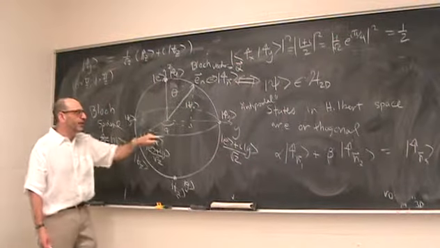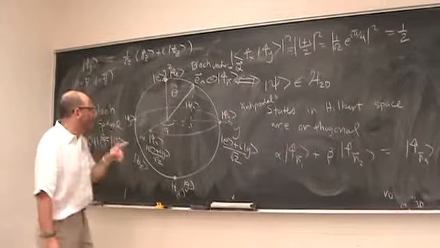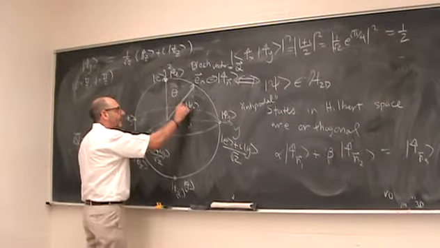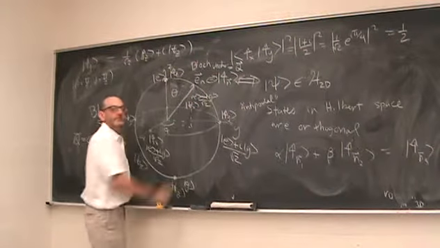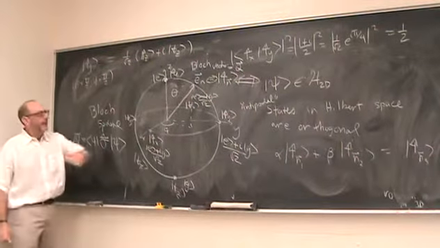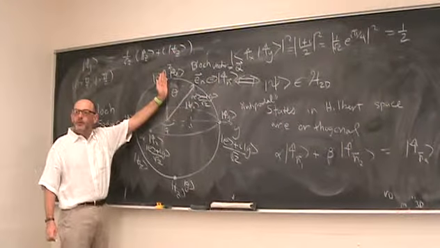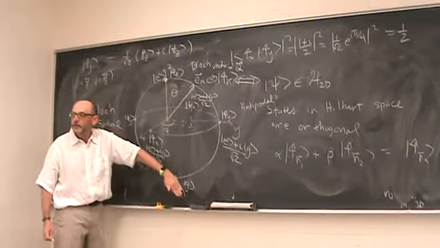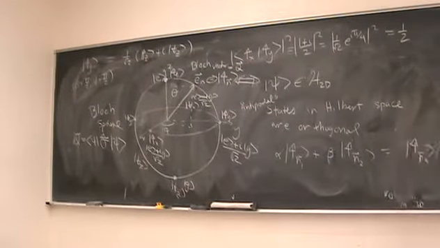The difference between them is the phase. So this state is the orthogonal state, excited minus ground over root 2. And as I change the angle, it gets closer and closer to being all excited or all ground, and everything in between.